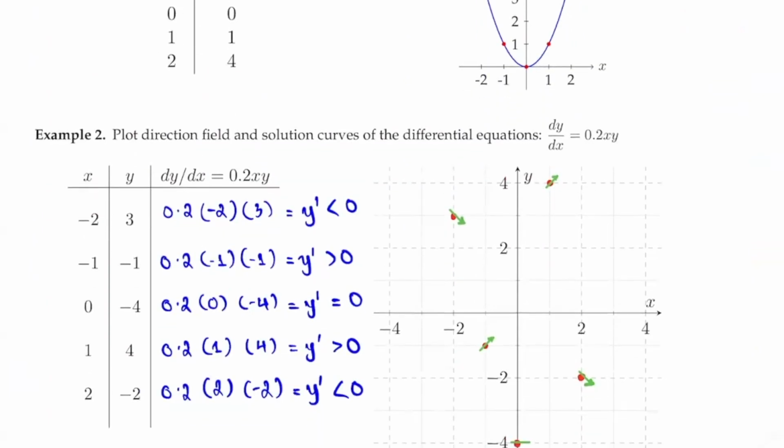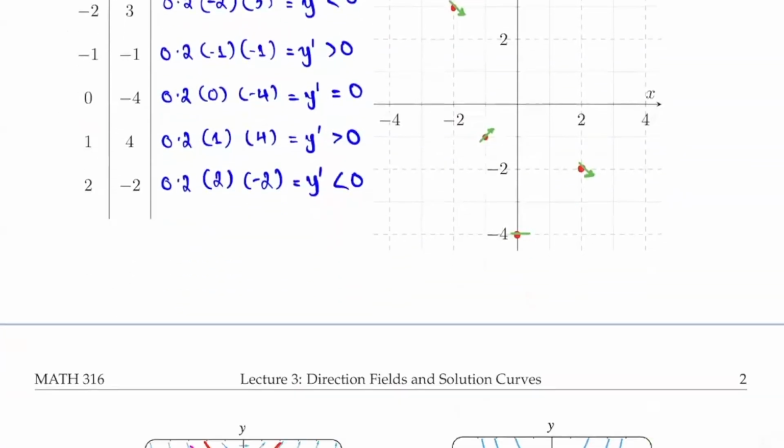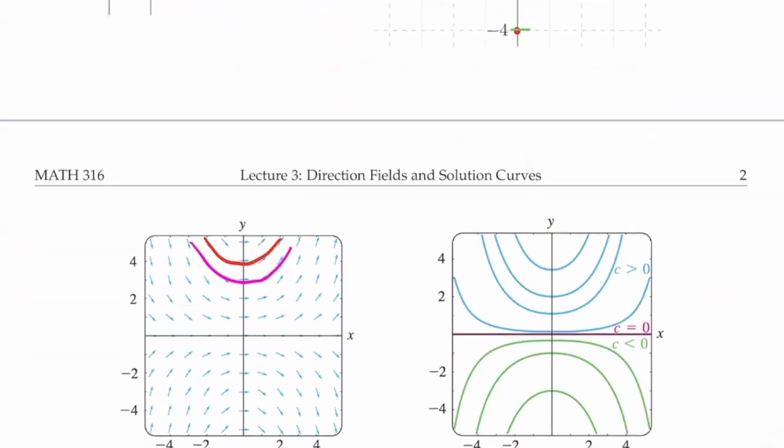If the derivative is less than 0, you have the arrows pointing downward. If the derivative is greater than 0, you have the arrows pointing upward. If the derivative equals 0, then you have a horizontal line. Right? That way you can draw out the direction field. And from the direction field, you can follow it to draw out some solution curves.